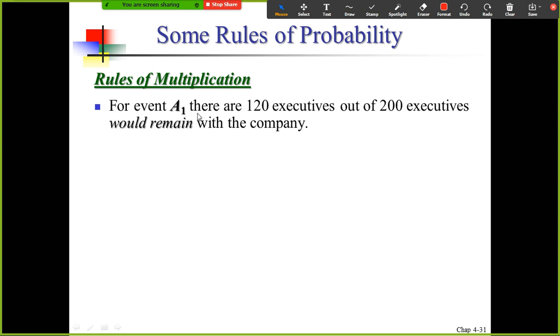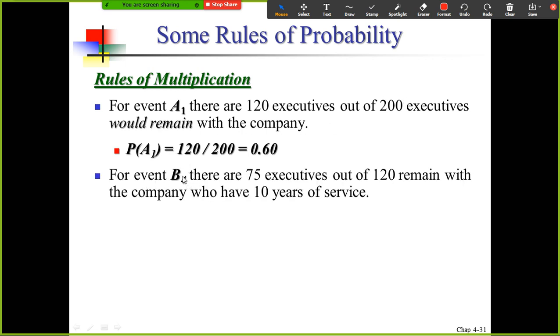So in this case, we will find the probability of A1. The probability of A1 equals 120 divided by 200. Why 120? Because A1 stands for would remain with the company. Based on the table we can see that 120 executives say they would remain with the company among all executives asked. Then B4: why do we need to find B4?